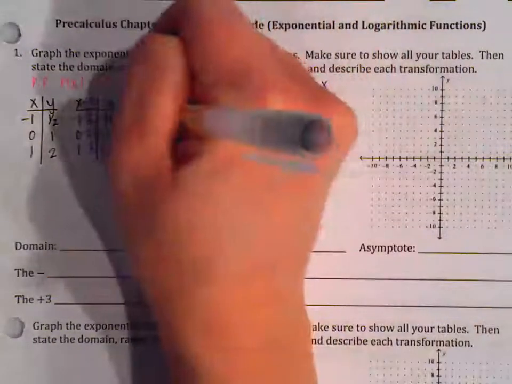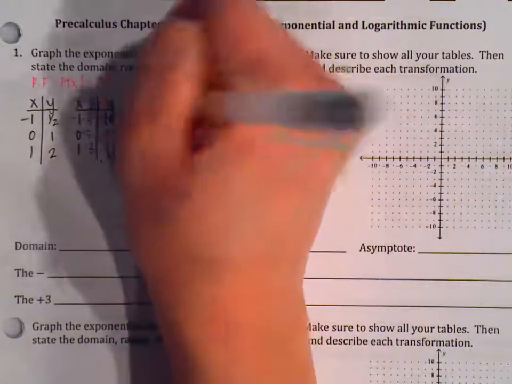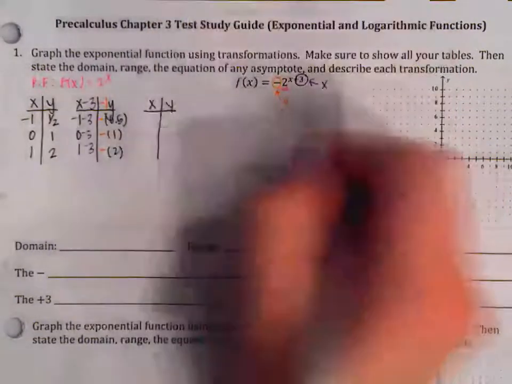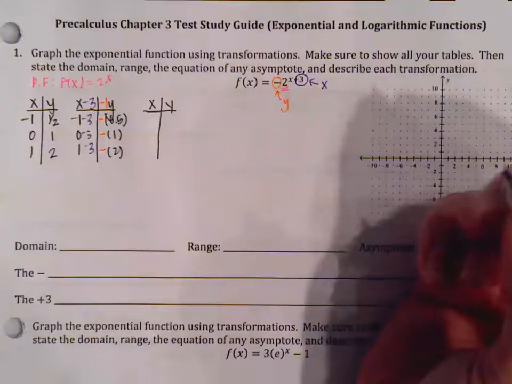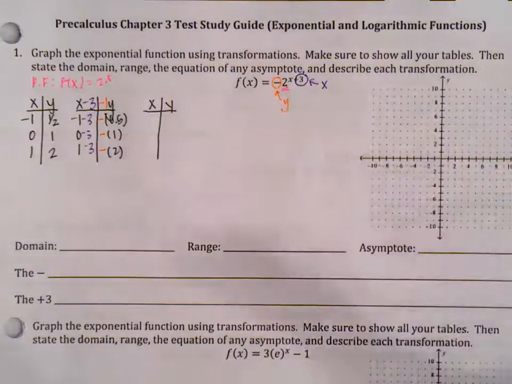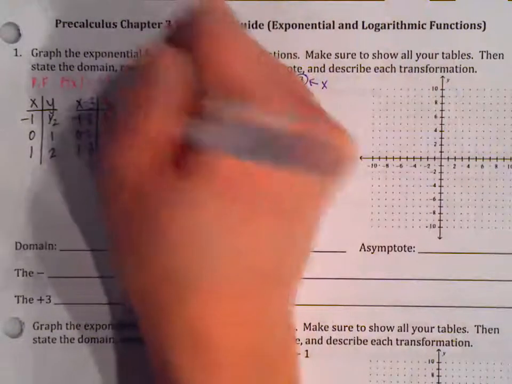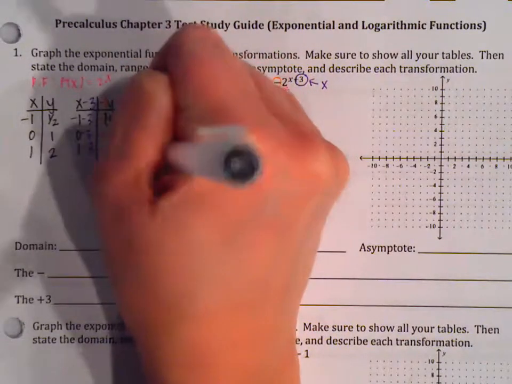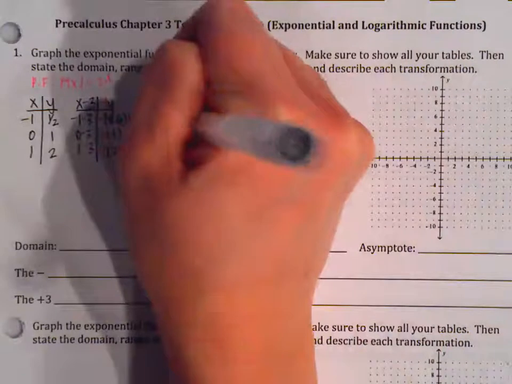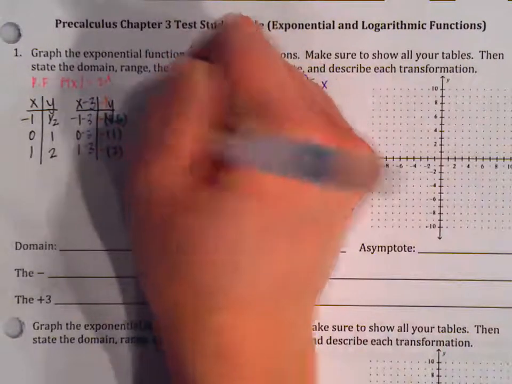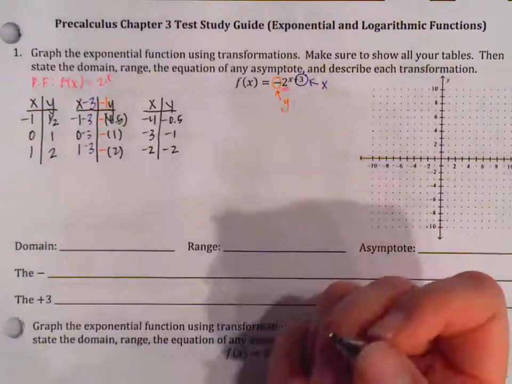And so that gets us our final transform table. So that's going to be the table for -2 raised to the x plus 3 power. And so my x values are -4, -3, -2, and my y values are -0.5, -1, and -2.